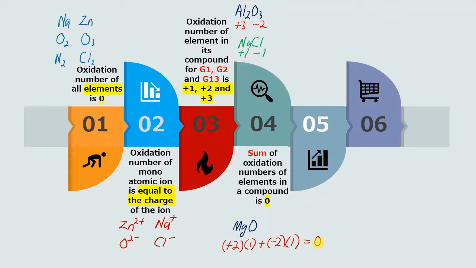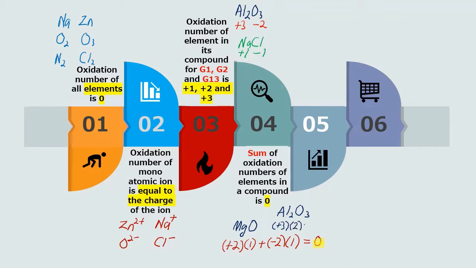Okay, one more example is the oxidation number of aluminium oxide. Now, aluminium is plus 3. How many aluminium? 2.